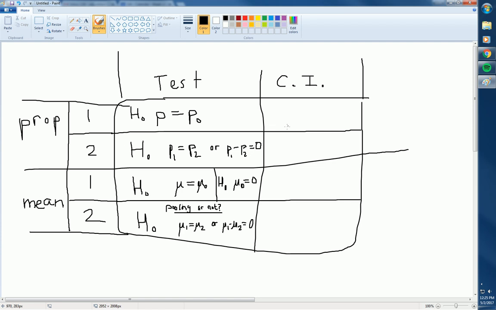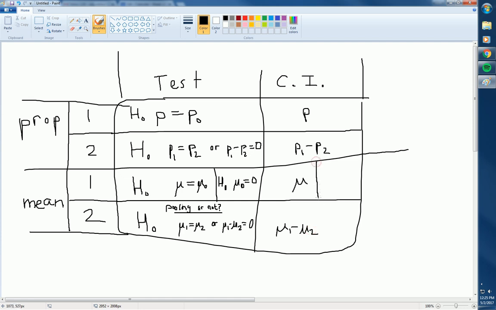Now for confidence intervals, you're just trying to estimate a population parameter with a confidence interval. In the case of one proportion, you're trying to estimate that proportion. With two proportions, you're trying to estimate p1 minus p2. With a mean, you're trying to estimate mu. With two means, you're trying to estimate mu1 minus mu2.